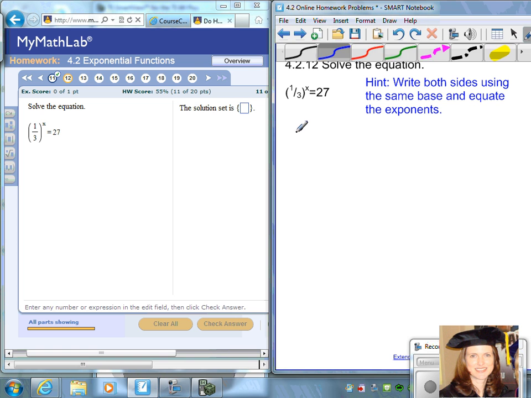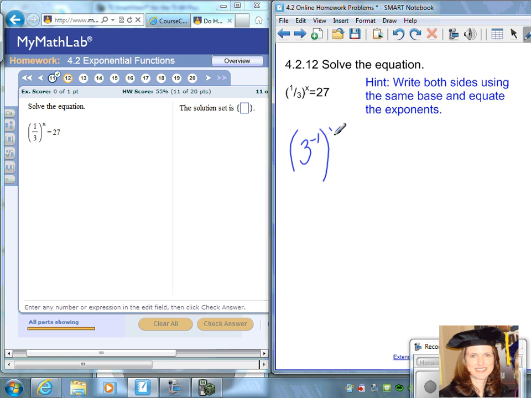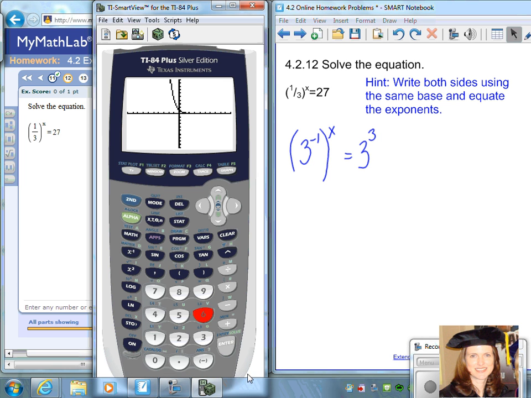Now 1/3 can be written as 3 to the -1 power. And 27, it would be nice if we could write that as 3 to a power. 3 to the 3rd power is equal to 27. You can confirm that on your calculator: 3 times 3 times 3 is 27.